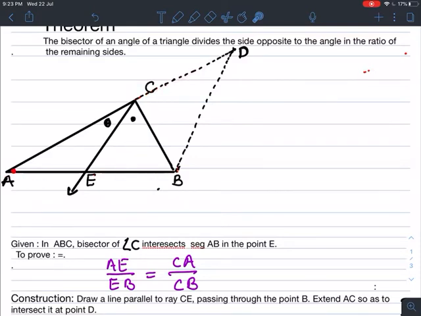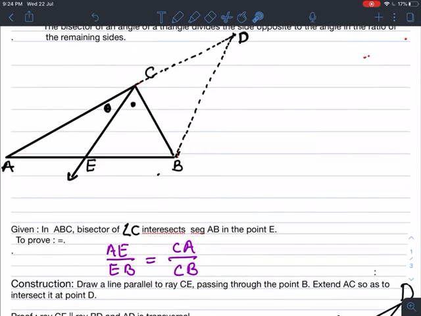AE upon EB is equal to AC upon CD by the basic proportionality theorem, if CE is parallel to BD. So we have made the construction. In the beginning the figure was this small, so how did we form this big triangle? By drawing BD parallel to EC and extending AC up to point D.